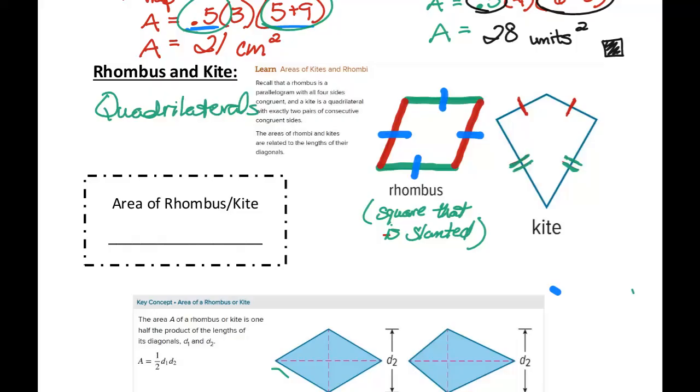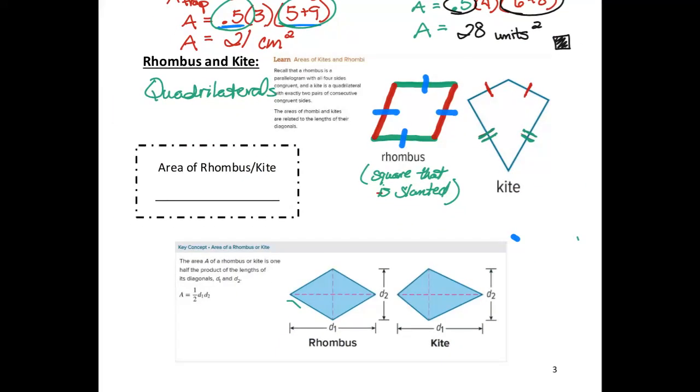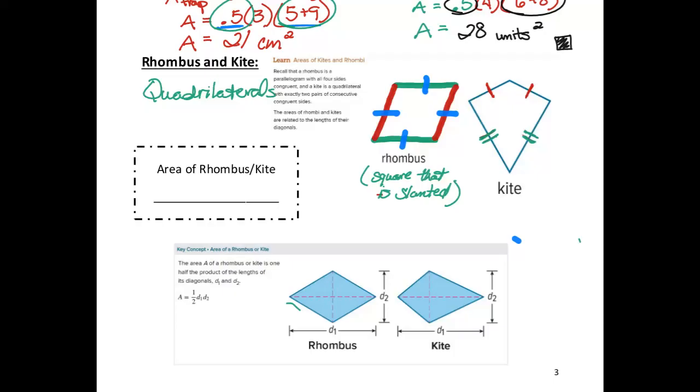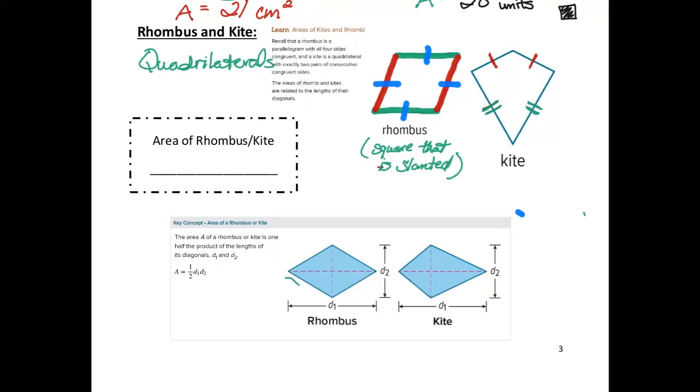No parallel lines here. However, the unique thing about rhombi and kites is that they share the same formula for finding the area.